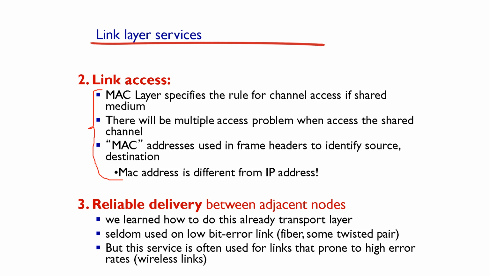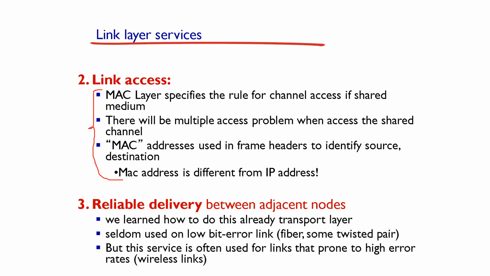So the MAC layer specifies the rule for accessing the channel, and usually a common shared medium will be there. As you know, the medium may be either a wired medium or a wireless medium. Whatever it may be, the medium will be shared by multiple devices. So which node or which device is accessing the channel?